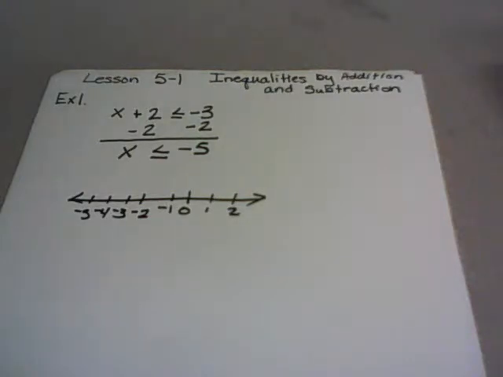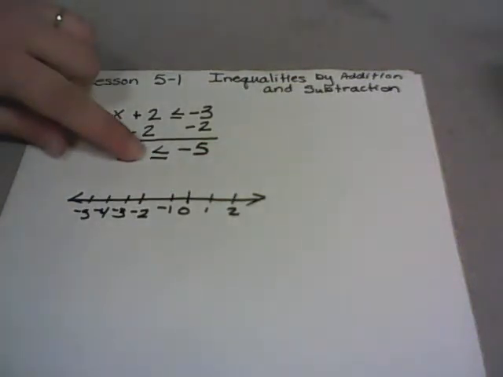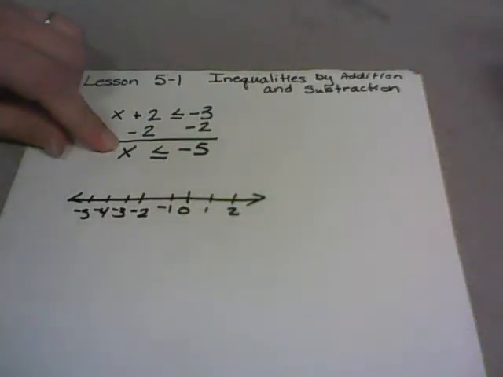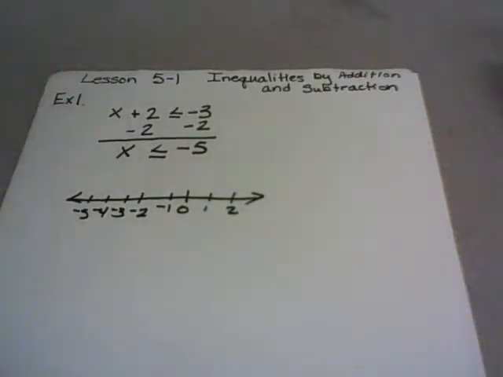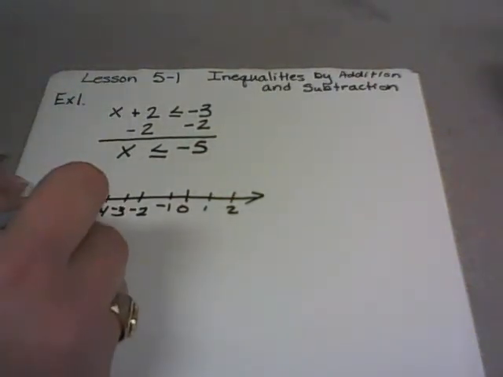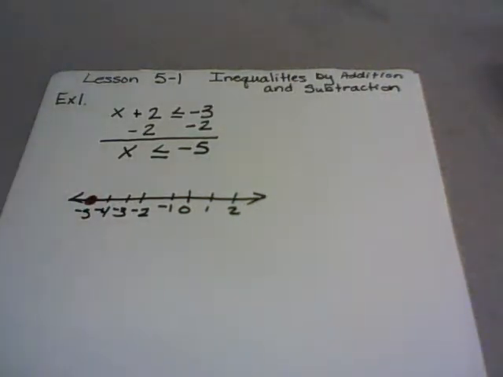Now, is it a filled-in dot or is it a circle? Well, since we have the equal to here underneath our sign, we are going to fill in the dot. I'm going to put a big dot there. And then x is less than or equal to negative 5.